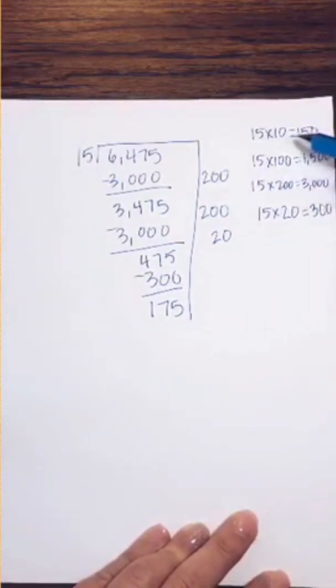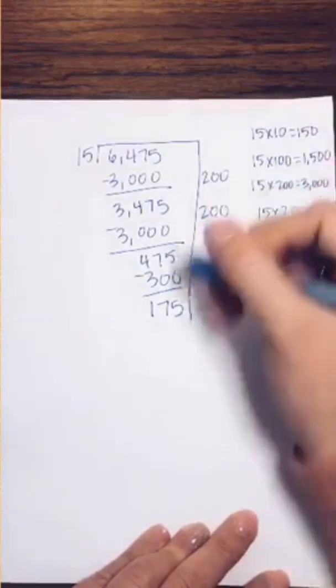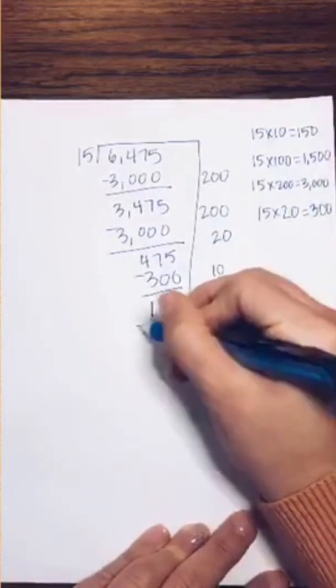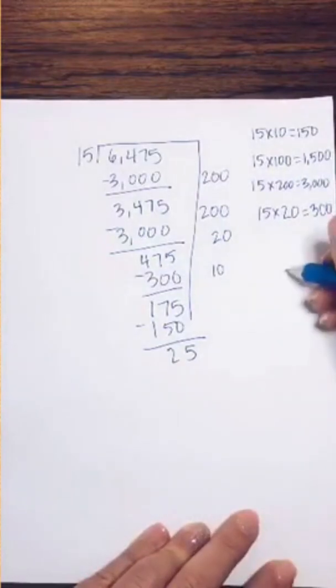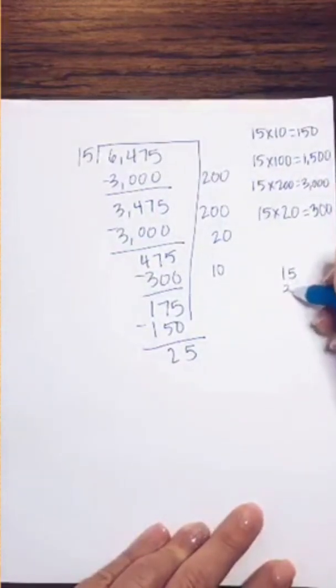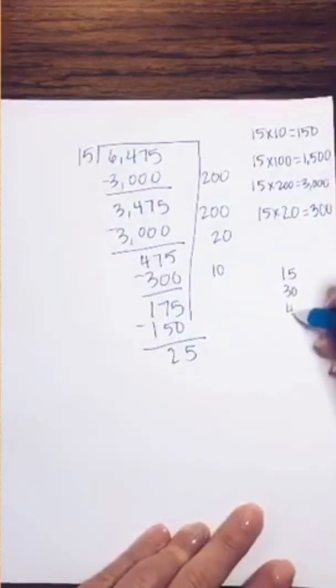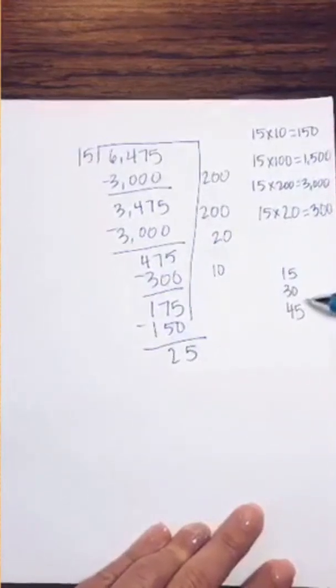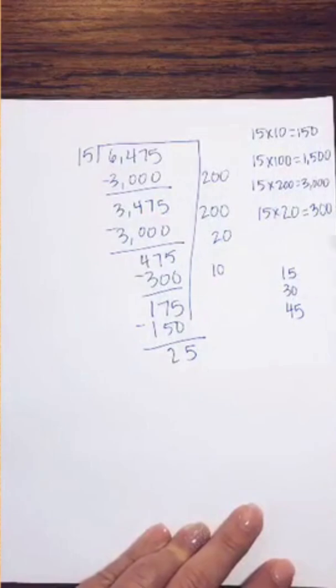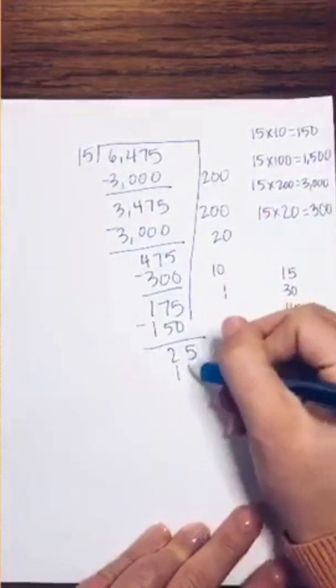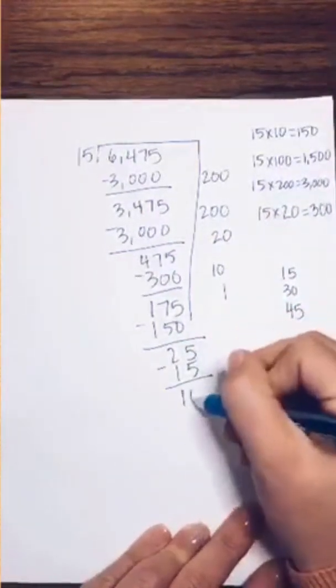I can use this 15 times 10 now because when I do 15 times 10, that's going to give me 150. Then I'll have 25 left. Now I need to start thinking about my smaller multiples of 15, just skip counting by 15. The closest I can get without going over is 15, so that would be a 1. Subtract that and I have 10.